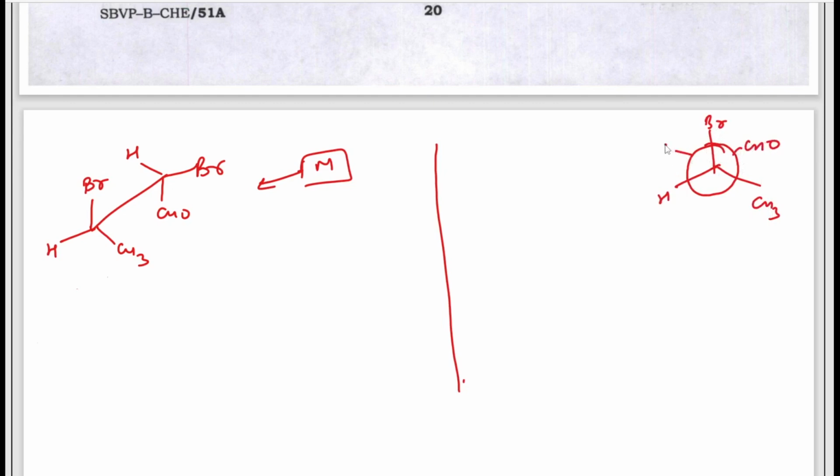We can convert it into the structure of N. We can also convert it into wedge form.